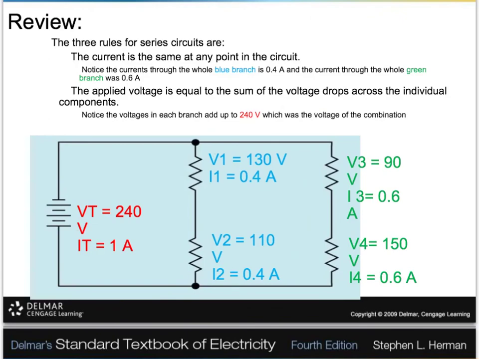Okay, so for a total review, we know that the current is the same through any point in our series path. So through this branch, 0.4 amps, 0.4 amps. Through this branch, these guys are in series, 0.6 amps, 0.6 amps. And their voltage is equal to the sum of the voltage drops across the components. So 130 and 110 is 240, 90 and 150 is 240.